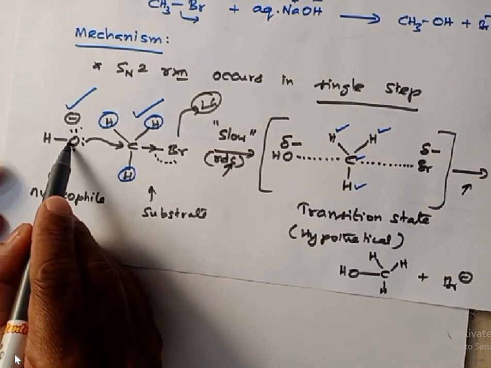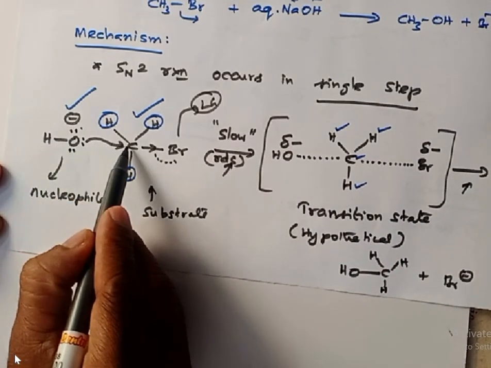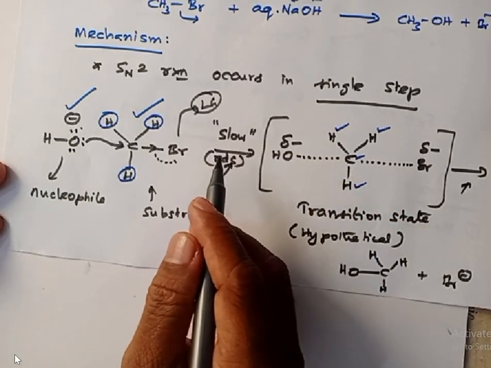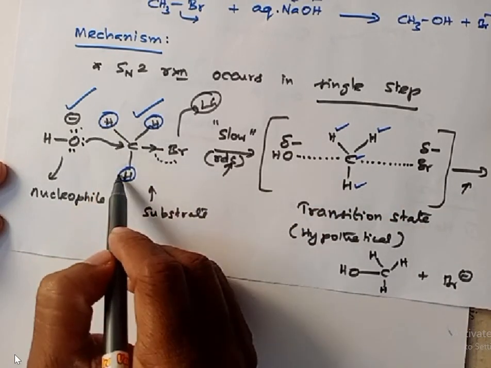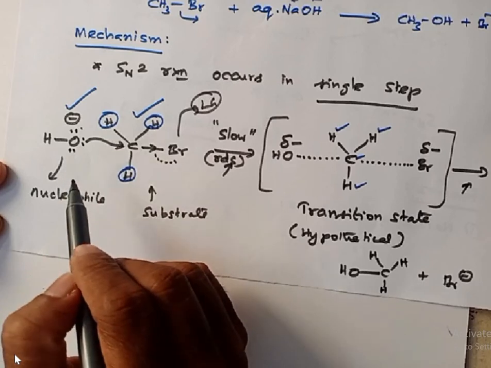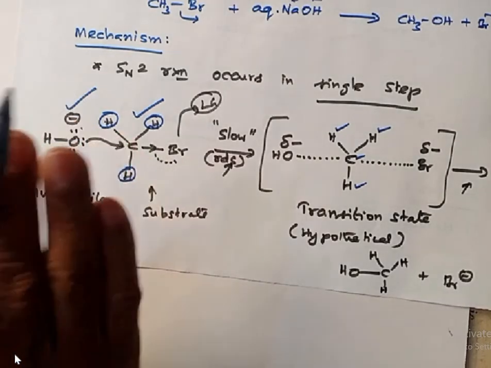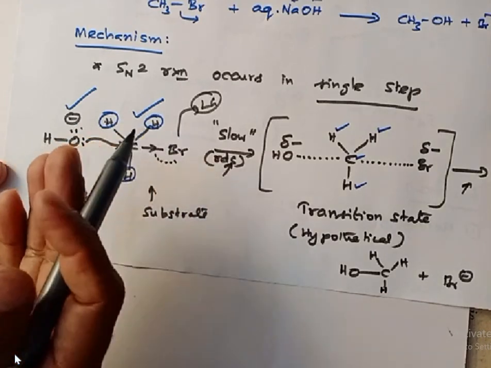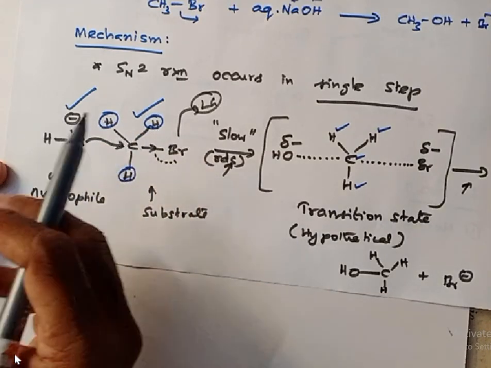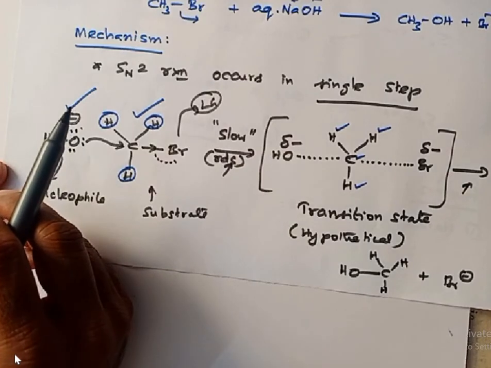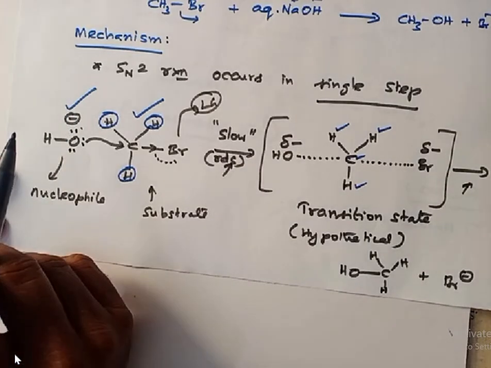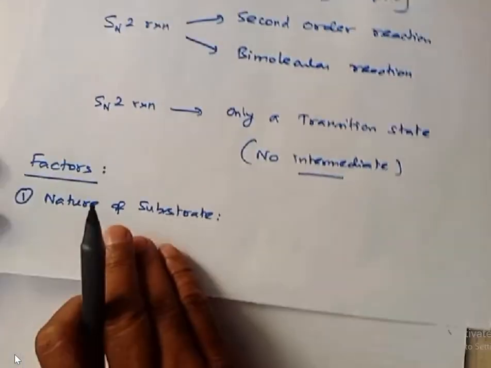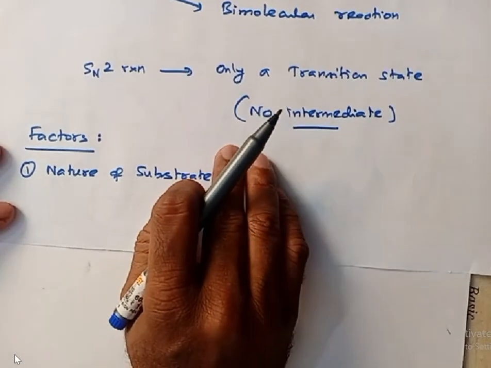Therefore, the OH minus can comfortably approach this carbon, attack it, and the reaction will occur. Suppose instead of hydrogen I have any other group, what will happen? Steric hindrance will come. The nucleophile cannot approach easily. It becomes difficult. Therefore, in SN2 reaction, we always prefer methyl halide as substrate.